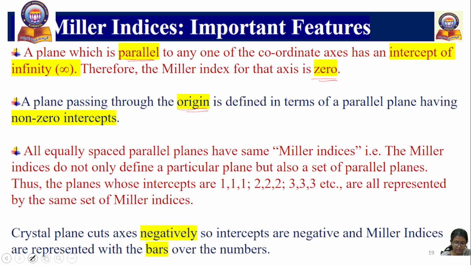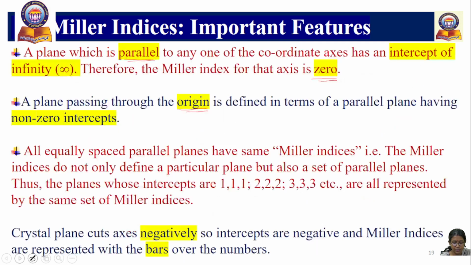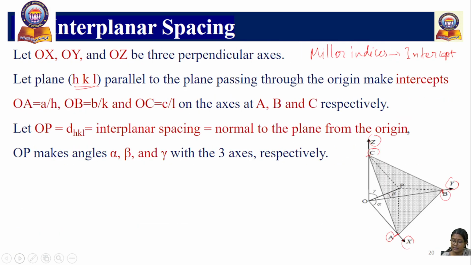Let us look back at our previous example also. See, this one, we know that it is cutting at half of X. What is the Miller index? 2. So if the Miller index is 3, it will cut at 1/3. If the Miller index is 4, it will cut at 1/4. So what we are doing is only dividing by the Miller index. So Miller indices are given as HKL.